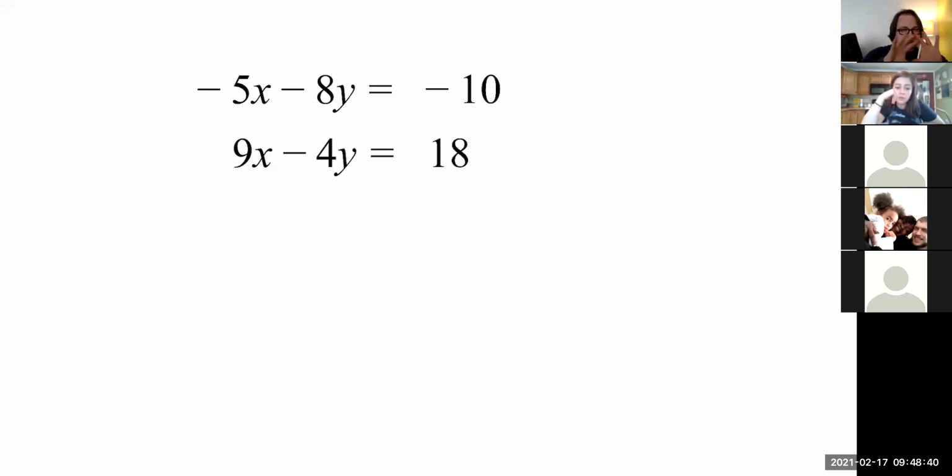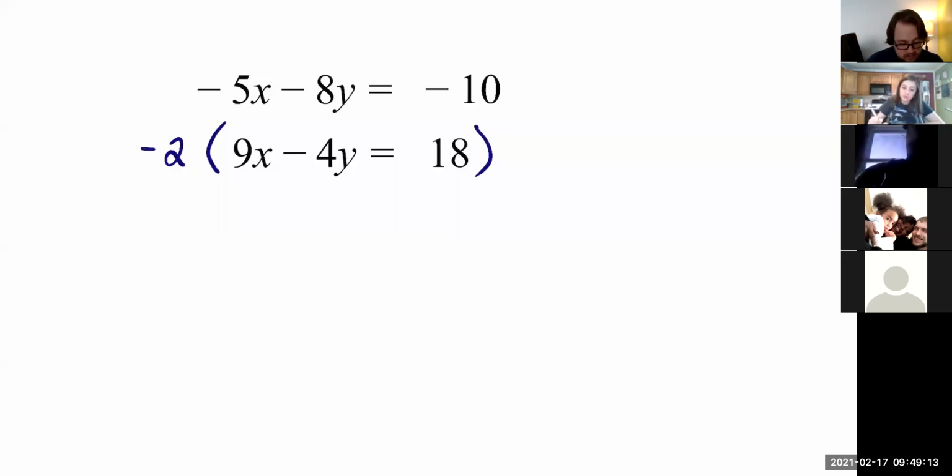So because, again, it sounds like we're pulling things out of thin air, but our goal, I want that -4 to turn into a +8. The only way to make that happen using only multiplication is if I multiply this entire bottom equation by a -2. So everything else in that equation, in fact, is going to change.